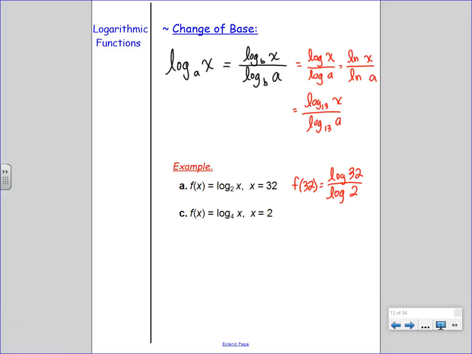Plug in a 32. We need to change the base to something easier, to a button that, especially in this context, the older calculators have. So if there's a 32 plugged in, using our formula, the 32 is the x, the 2 is the a, and so we say log, the new log, common log of the 32 over common log of the old base, which was 2.